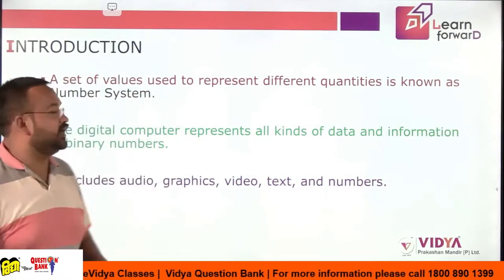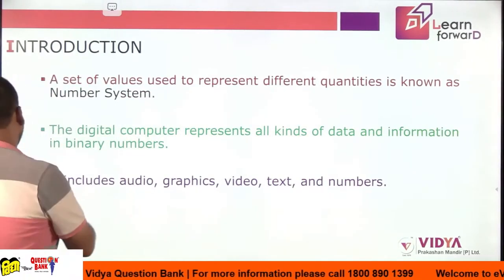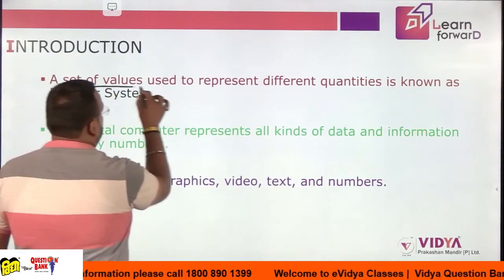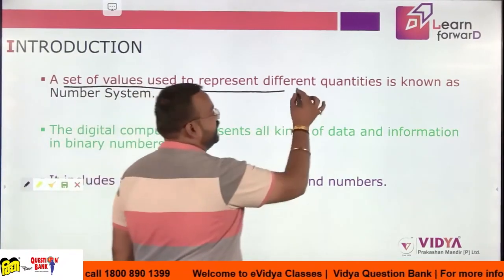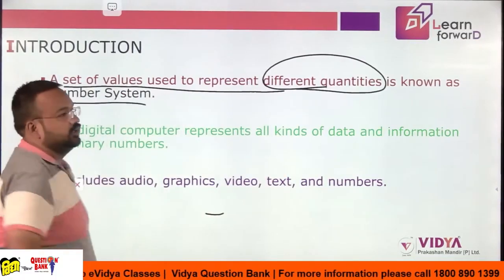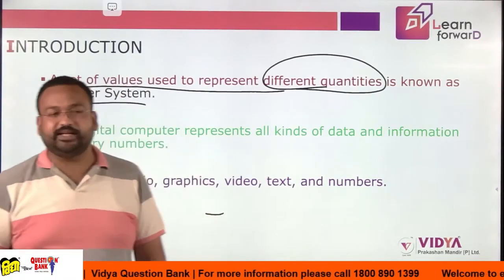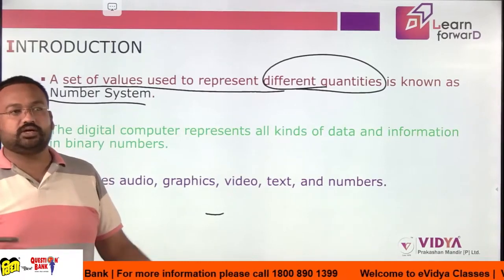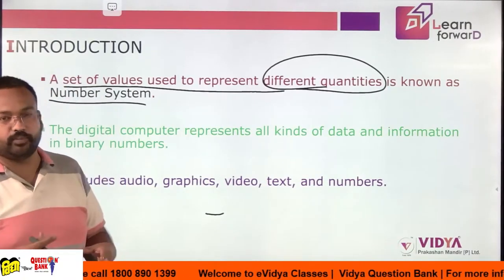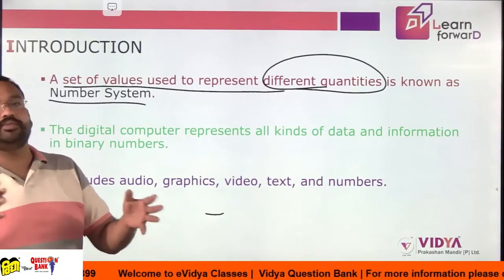So basically a number system is a set of values used to represent different quantities. What it means is that whenever you want to find quantities, or describe a unit for a particular quantity, we can call that a number system.